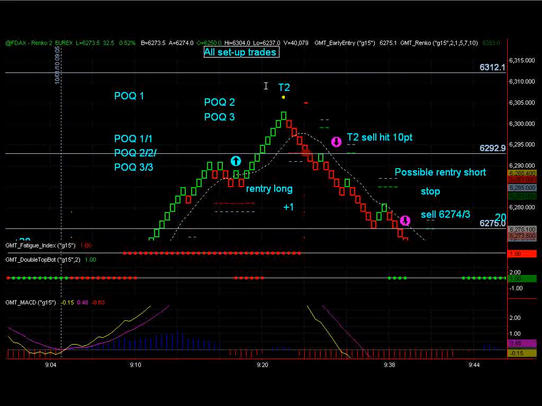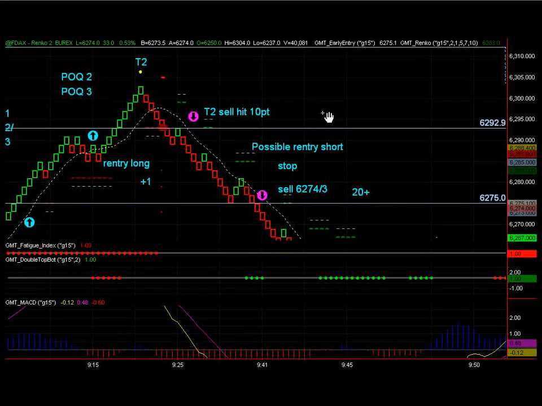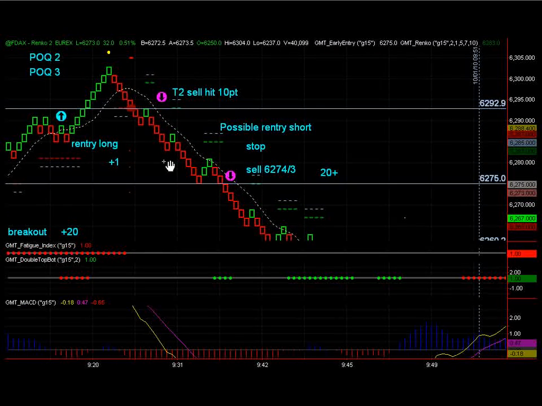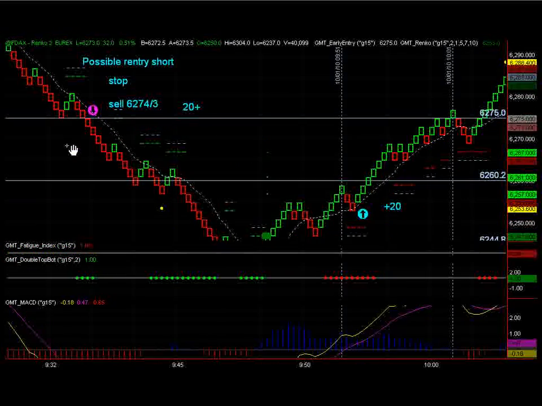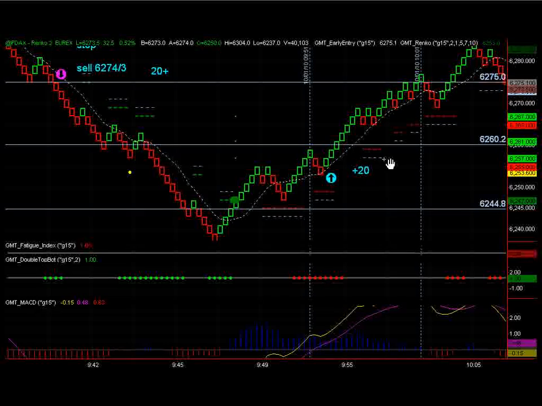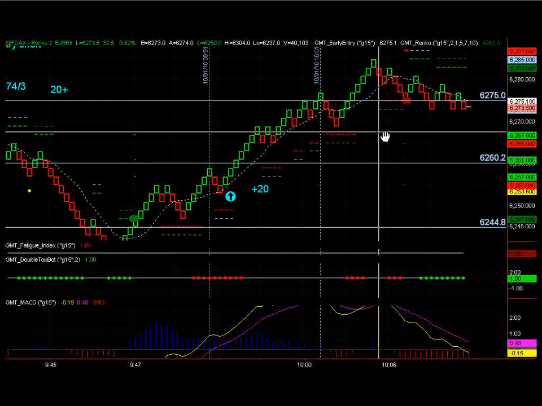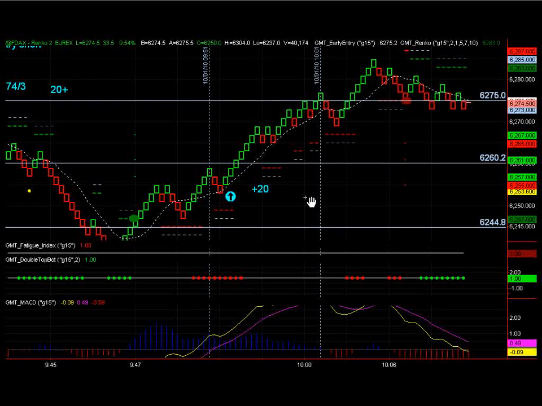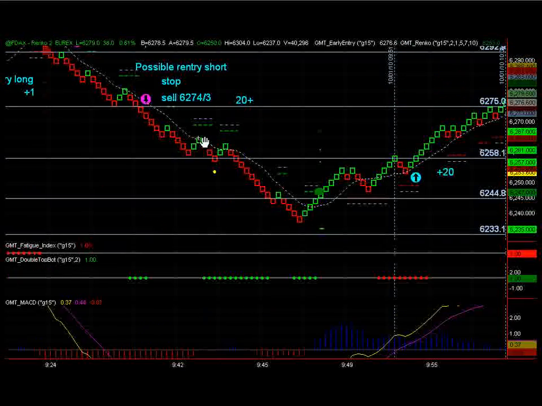So that would have netted you, what did we say, 47 plus 46 plus 9 is 54, and then if you had traded through this area here, so we'll say 56, so probably about 75, 76, depending on what kind of slippage you would have had.